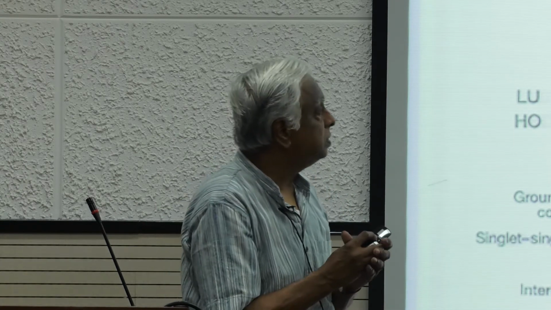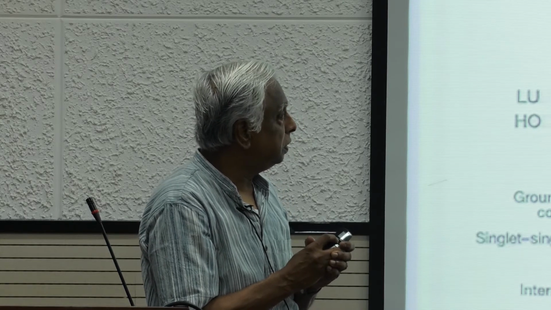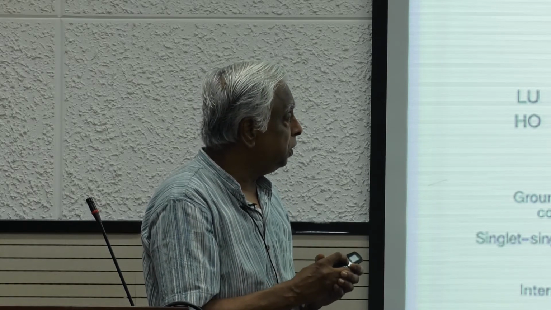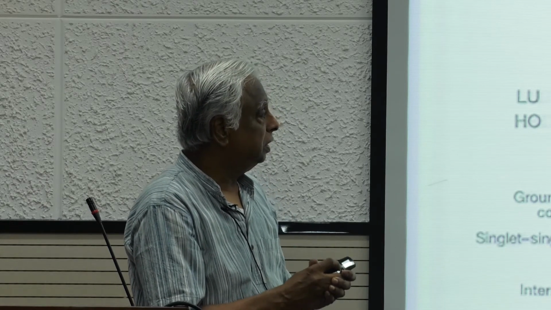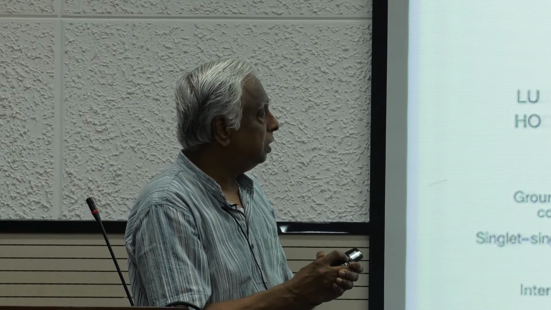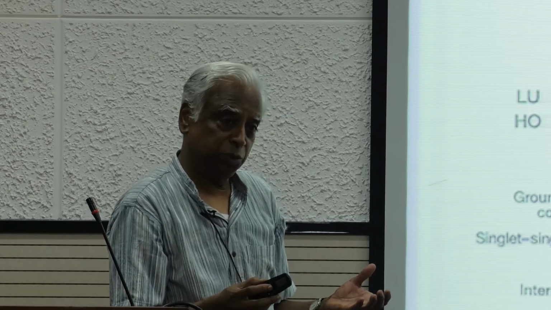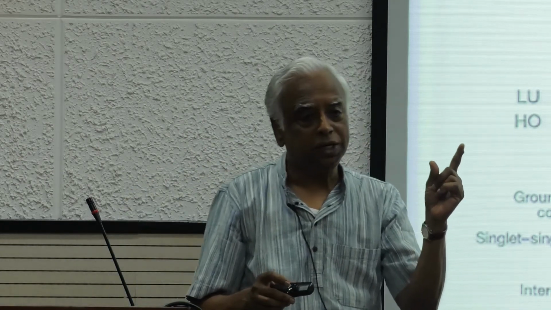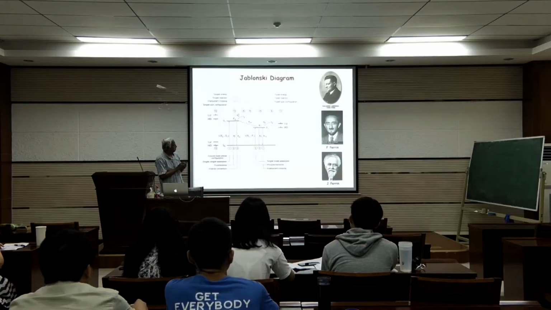Okay, so you can see now if you put the molecule in here, one of the things that is going to happen is the emission. The other things are going to be like this, that is the internal conversion, and then this is called inter-system crossing, because it is crossing from singlet to the triplet. That is why it is called inter-system crossing, or you can say ST, singlet triplet crossing.